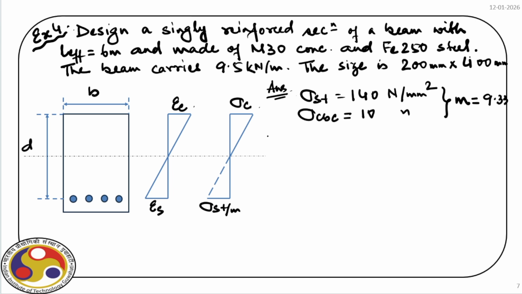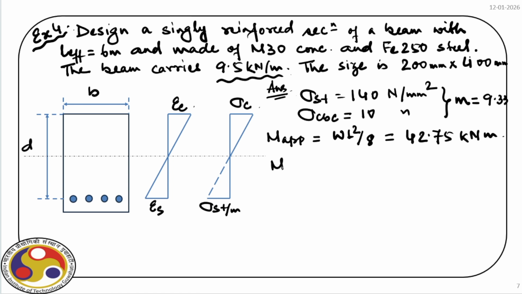Now M applied is omega L square by 8, and if we use a omega of 9.5 kilonewton per meter over a 6 meter span, what we get is 42.75 kilonewton meter. So what is MRC? It is, if you recall, R BD square.